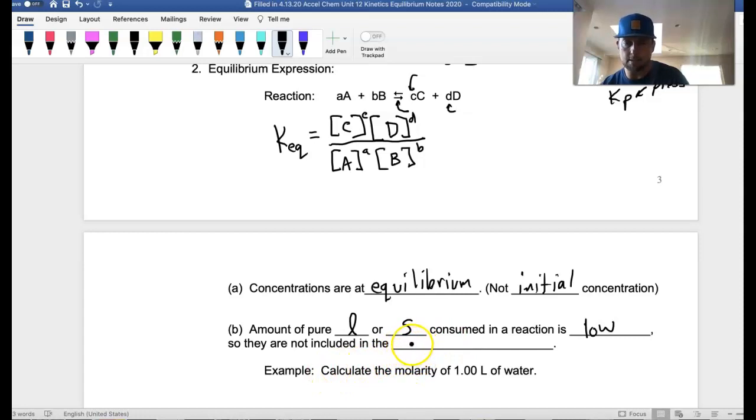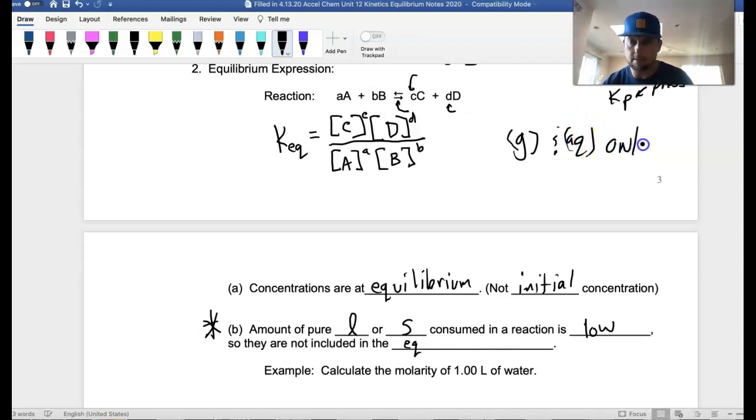So they are not included in this equilibrium expression. So liquids and solids are never included in this. So only gases and aqueous. So gas and aqueous only. That's really important when you're asked to do this. So they're not included in the equilibrium expression.